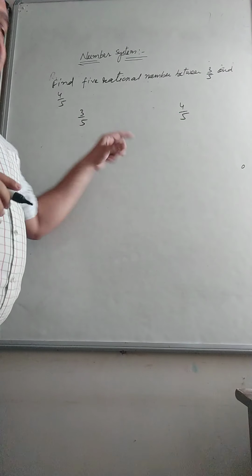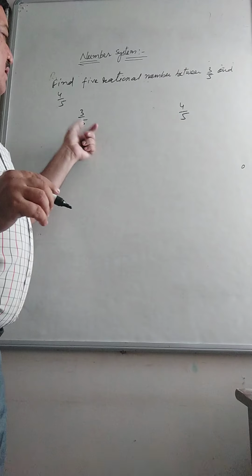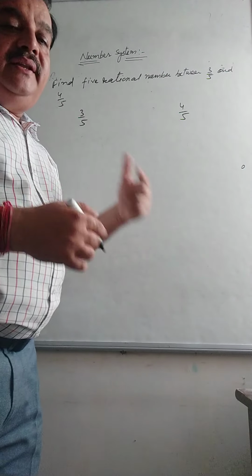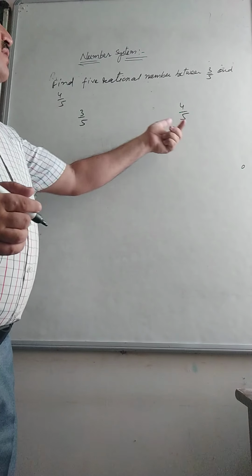In this question, the denominators of both the rational numbers are the same. If they are not the same, then we'll make them the same. Now 3 upon 5 and 4 upon 5.